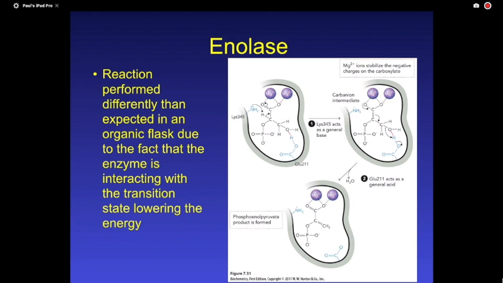So in this case, what really happens is the magnesium becomes part of the reaction. The transition state that is going to be stabilized by the magnesium is the deprotonation of the carbon, that first hydrogen that must come off.